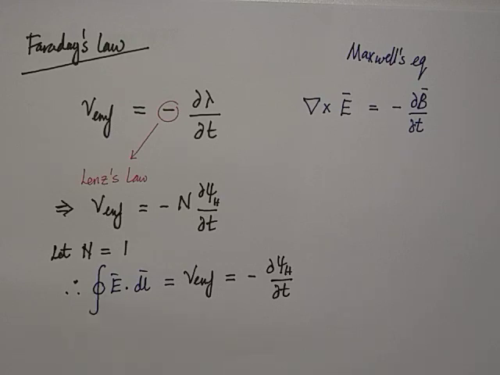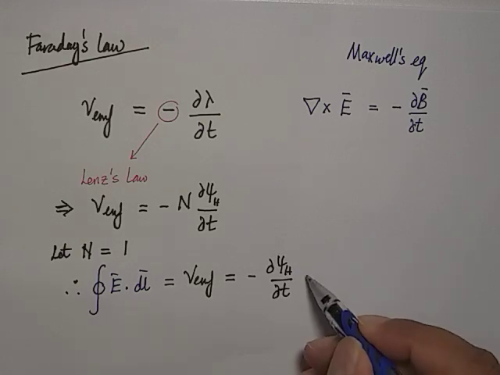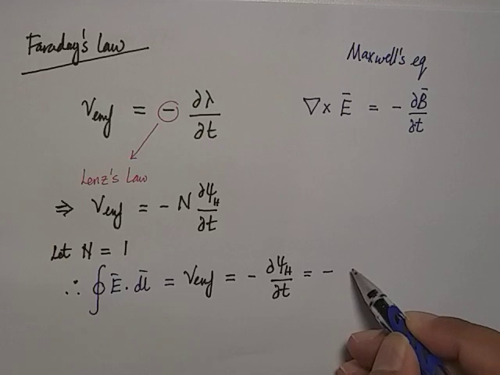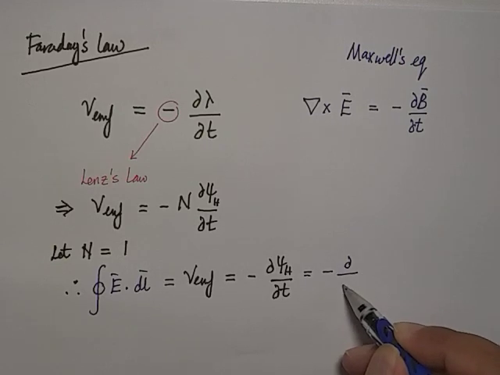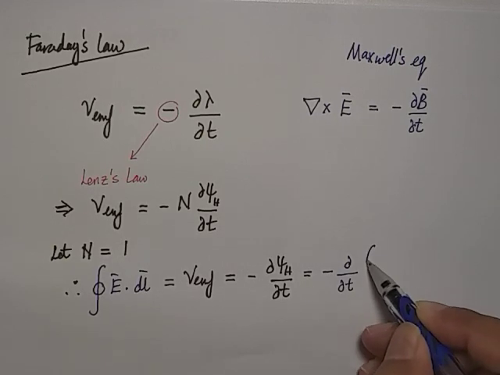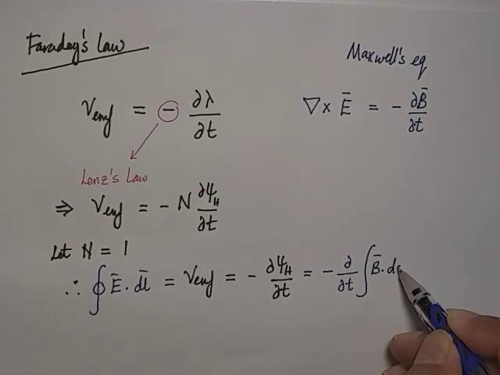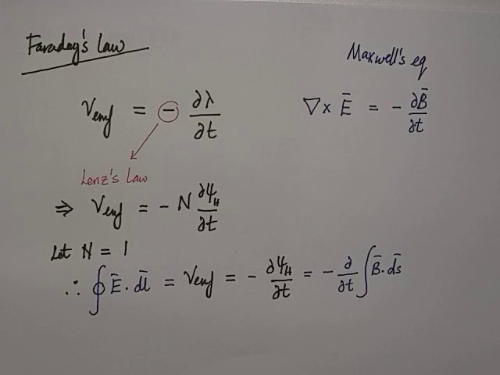I can also expand the right-hand side to become negative d over dt of the integral of B dot ds, because we have learned that magnetic flux equals the integration of magnetic flux density multiplied with the area.